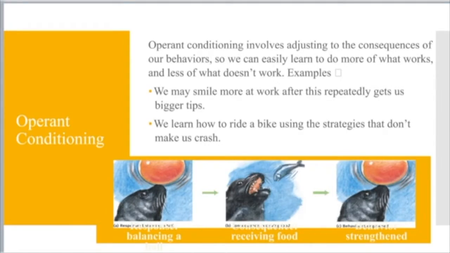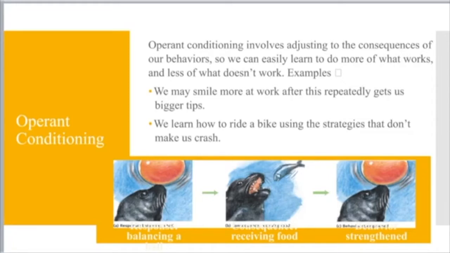When we're talking about the word strengthened in operant conditioning, we are referring to making the behavior happen more frequently, with more intensity, or in the case of the seal, more accurately and reliably. I'm going to bounce this ball on my nose so that I can get food.